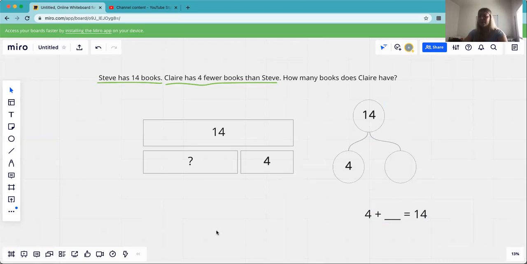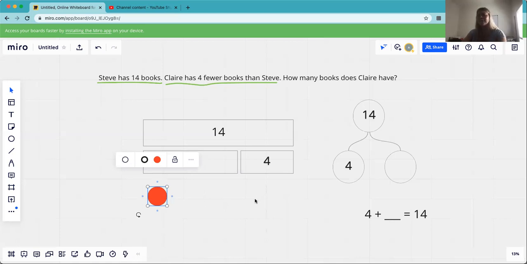I can use something to help me out in this. I can use my circles to help me figure it out. I can draw 4 of them, and I need to get to 14. I can do this, or I can count on.